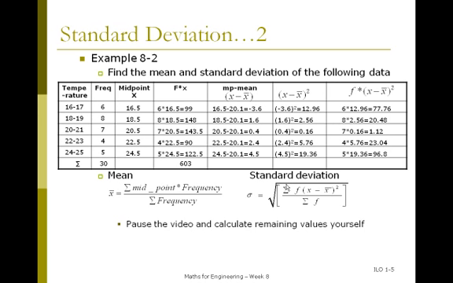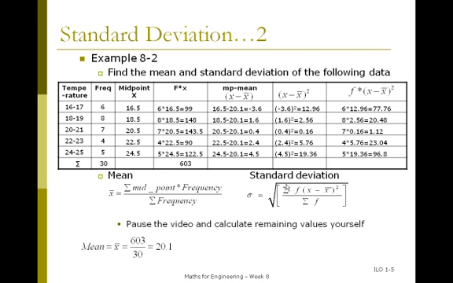The total of the frequency, adding up the 5 values, is 30. The total for the frequency times the midpoint is 603. So that gives us a mean of 603 divided by 30, which is equal to 20.1.